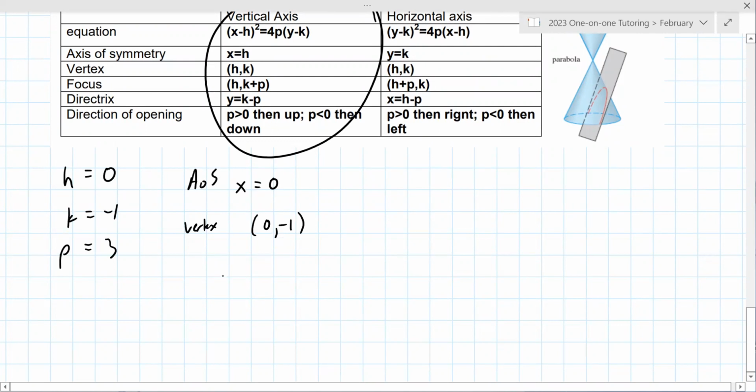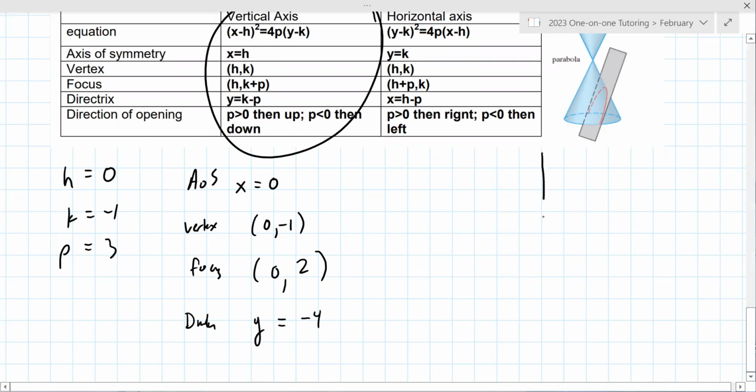Focus is (0, 2), k plus p. And then directrix is y equals k minus p, so -1 minus 3 is -4.